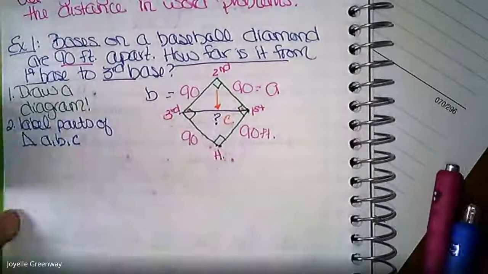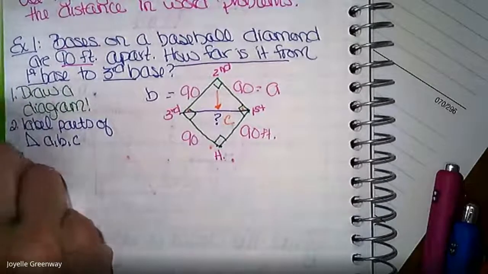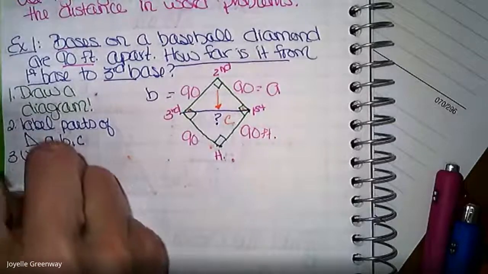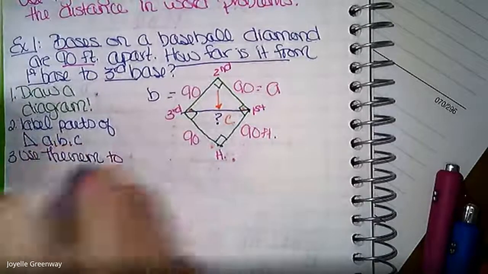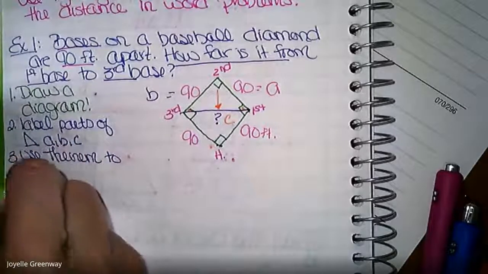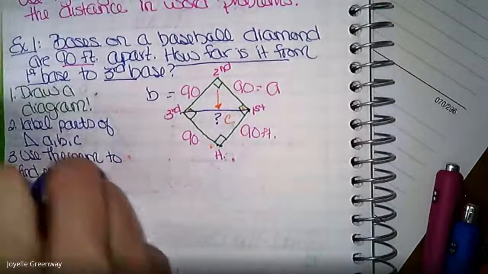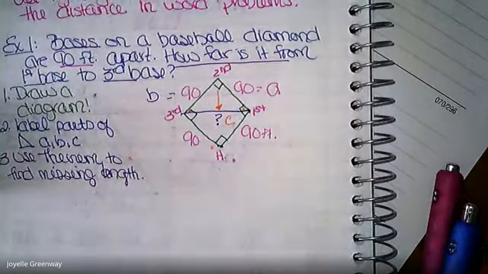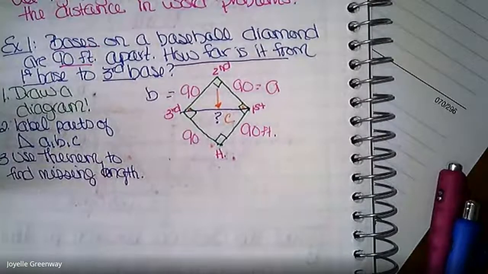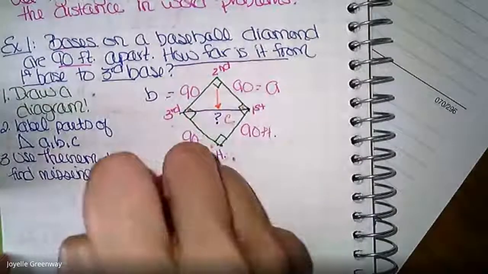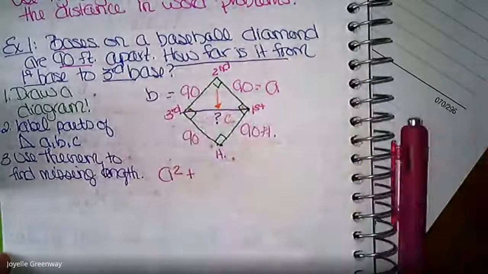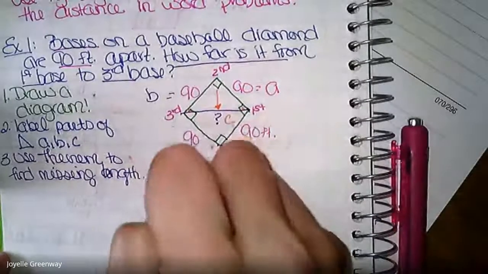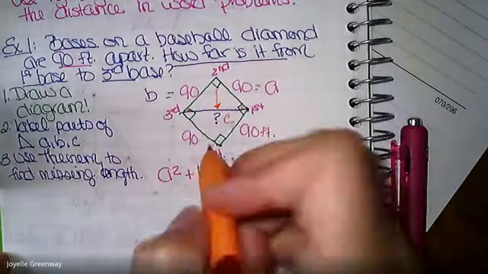And then use your Pythagorean theorem to find the missing length, or distance, whatever it's asking for. So I have A squared plus B squared equals C squared.